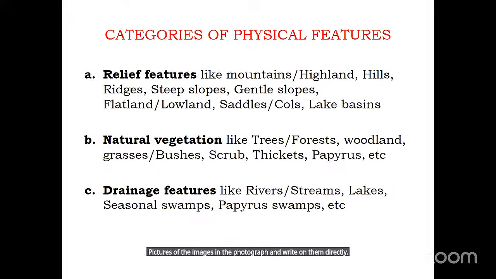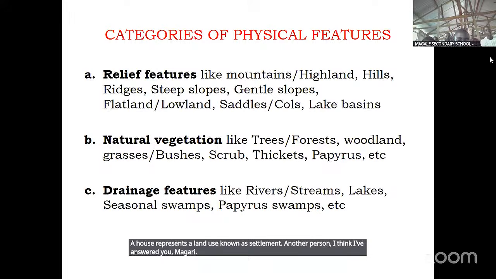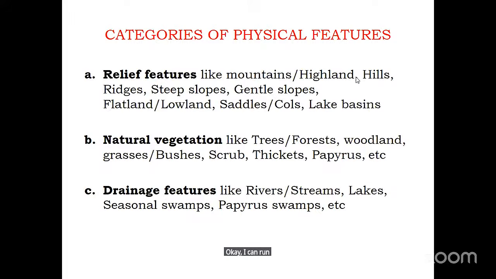You can provide your key later on, but write on them directly. If it is a tree, write a tree. If it is a hill, draw a picture of a hill and write there a hill. If it is a house, draw a picture of a house and write there a house. If they ask for the land use, a house represents a land use known as settlement. Another person? I think I've answered you, Margaret. Yes, sir. Okay, I can take another question.